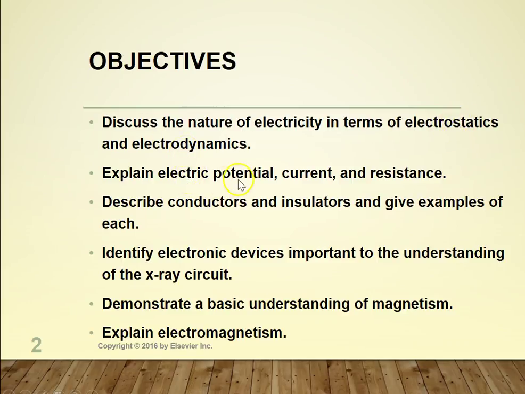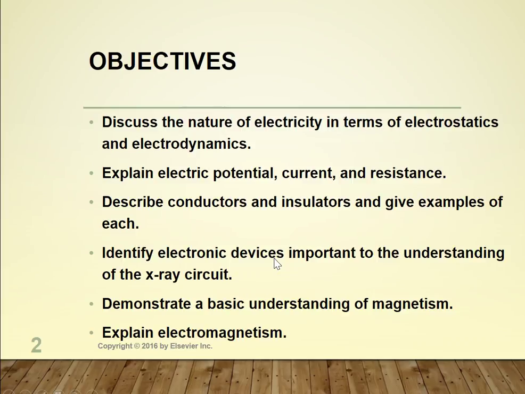We've talked about electric potential, which is the volt, the current, which is the MA or the ampere, and then resistance, which is an ohm. We've talked about conductors and insulators, we've given examples, and then we've identified the devices that are important, electronic devices.